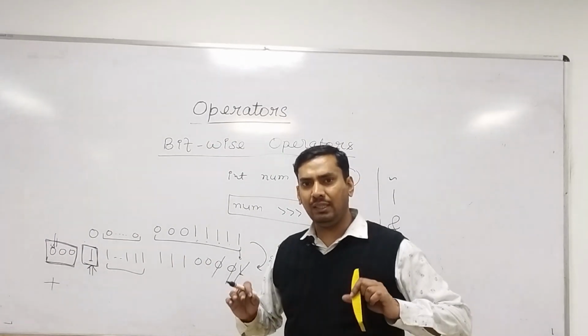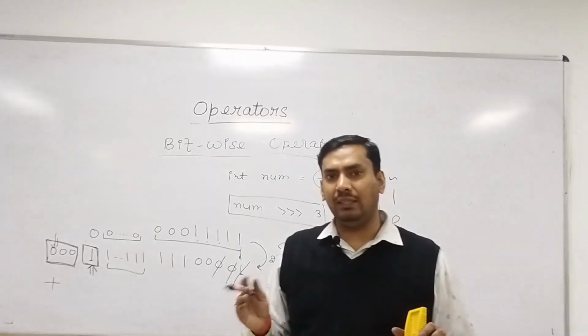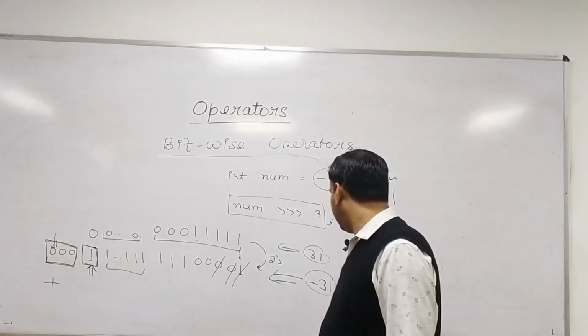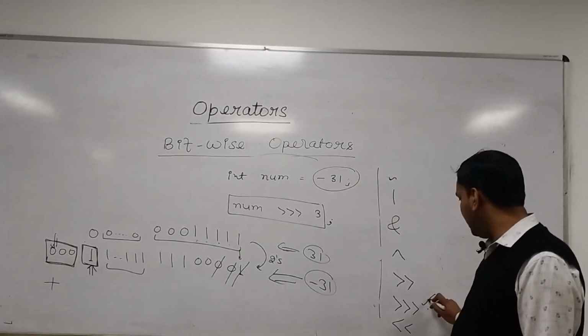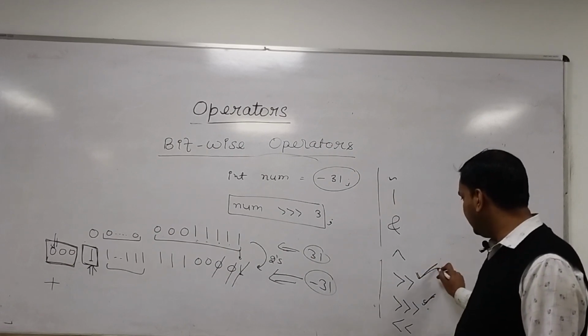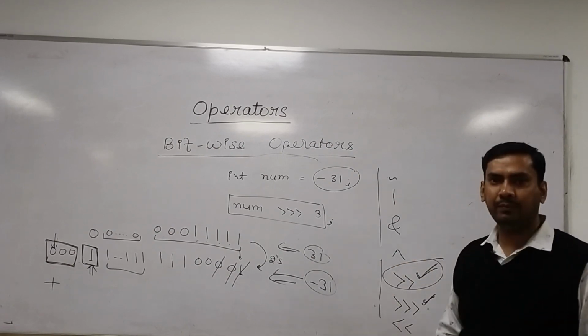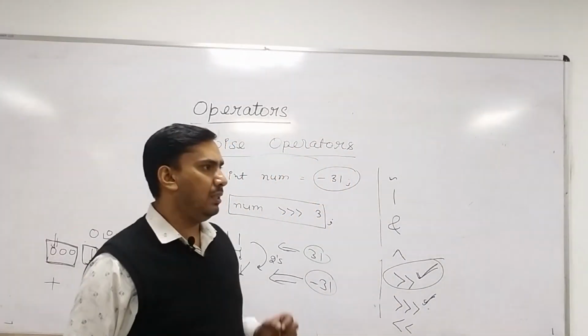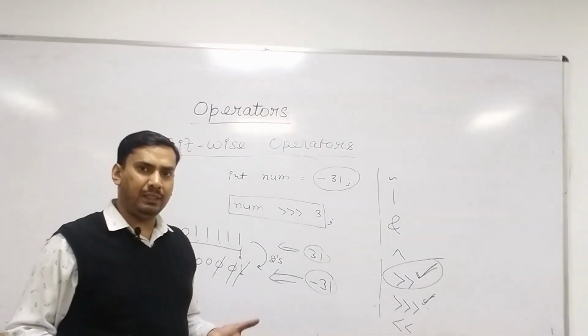If you have even a 1% chance that the number can be negative, you will never use unsigned right shift, and for that purpose we have the signed right shift. Signed right shift is just going to be a little bit careful.